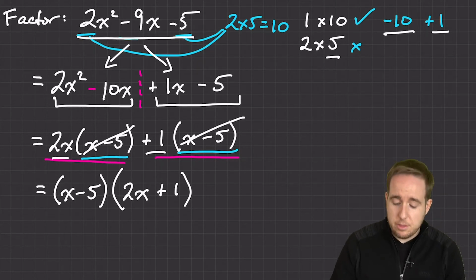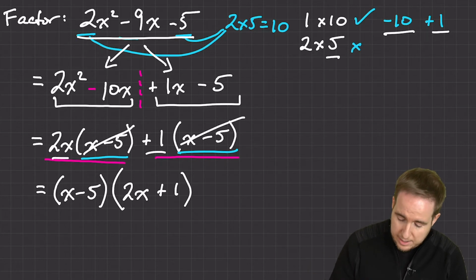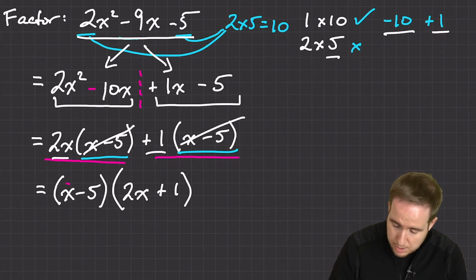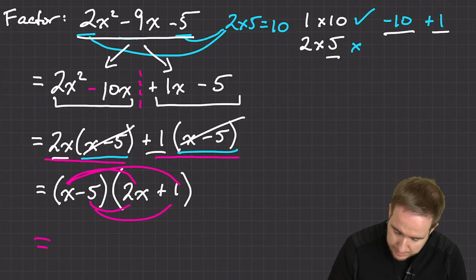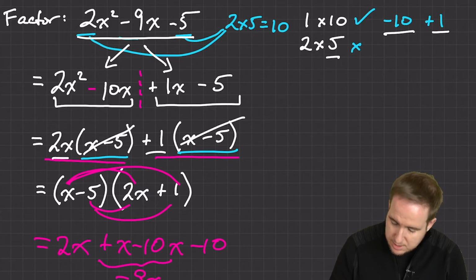And you'll notice it took 3 times as much work as the last version of factoring, and it was a little bit more difficult. And if you aren't sure whether or not this is actually true, do this back the old-fashioned way. That is 2x squared plus x minus 10x minus 10, like terms minus 9x.